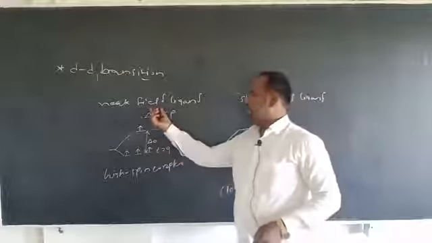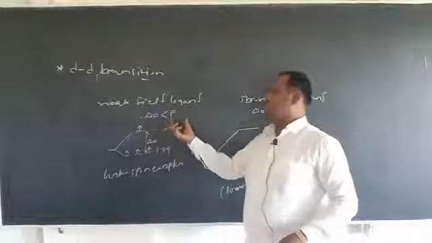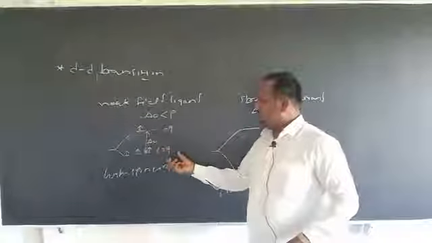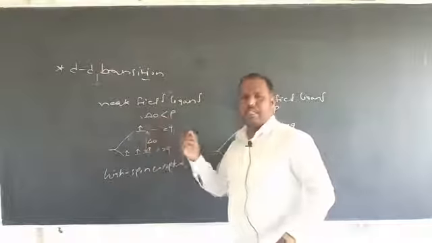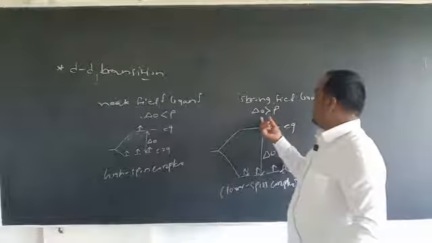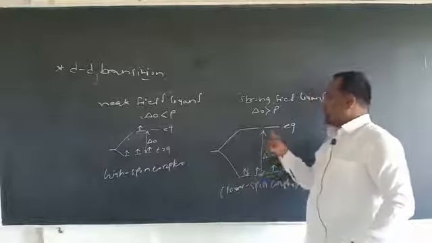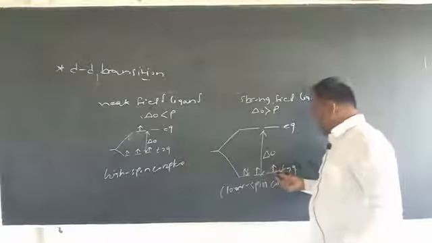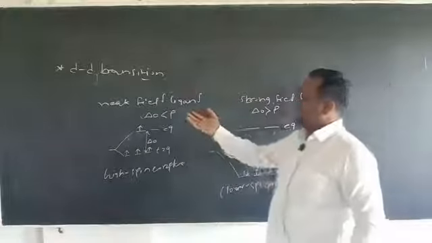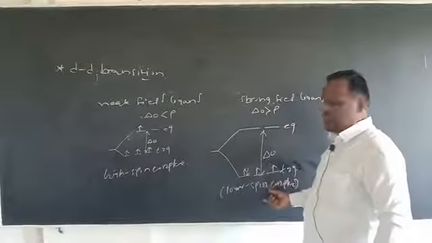In a weak ligand field, delta octahedral is less than the pairing energy, so the pairing energy is very high. Therefore the electron does not pair, and it goes into the higher energy orbital. In the strong field case, the pairing energy is less, therefore the electron acquires this pairing energy, becomes paired, and goes into the T2g orbital. So weak field ligands give high spin complexes, and strong field ligands give low spin complexes.